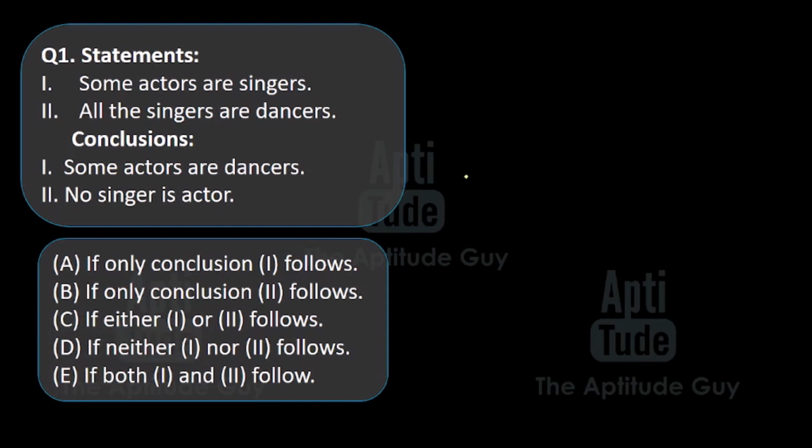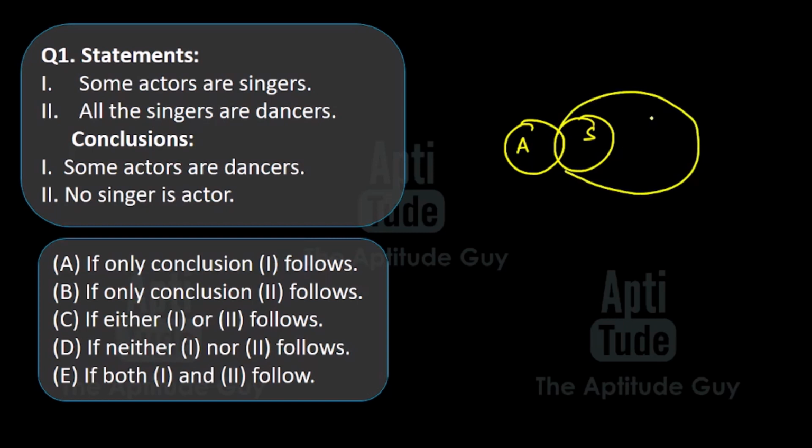Let's solve the question. Some actors are singers. We already know the Venn diagram. Some actors are singers. Done. After that, all the singers are dancers. Alright. This gives rise to 2 possibilities. First one is all the singers are dancers like this.